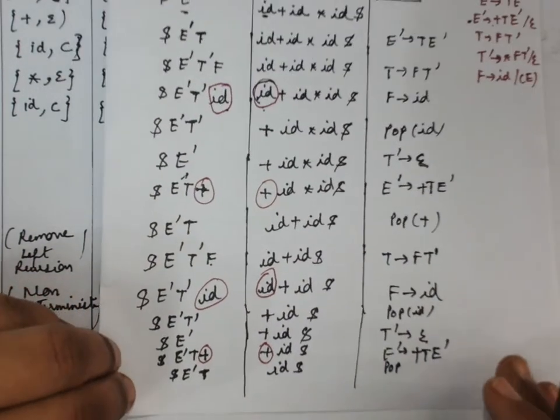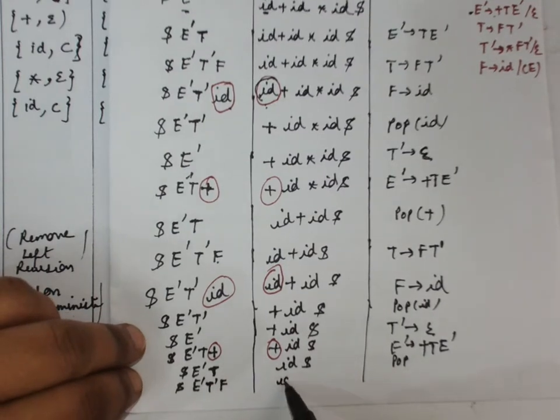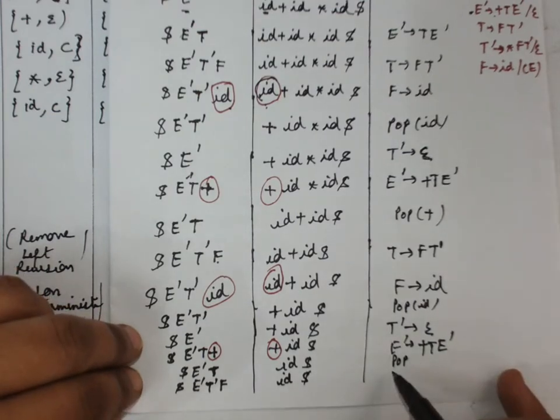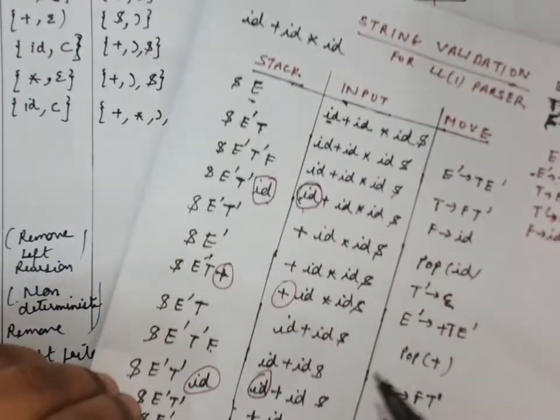So again you have dollar, F T dash, you have your id, you have dollar over here. The rule we applied is T gives F T dash. Then again you have F in id, and F in id is again F gives id.